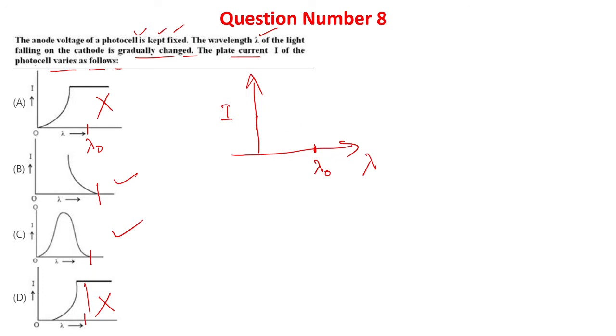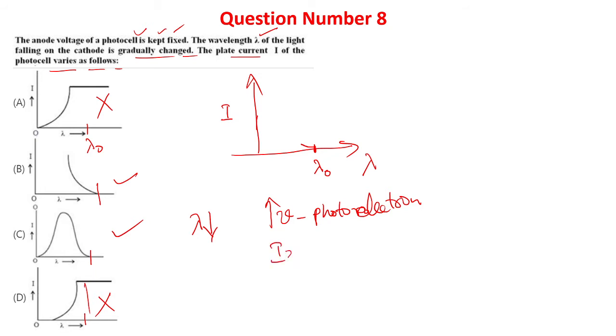As wavelength decreases, the frequency increases, energy of the photon increases, kinetic energy increases, that means velocity of photoelectrons increases.